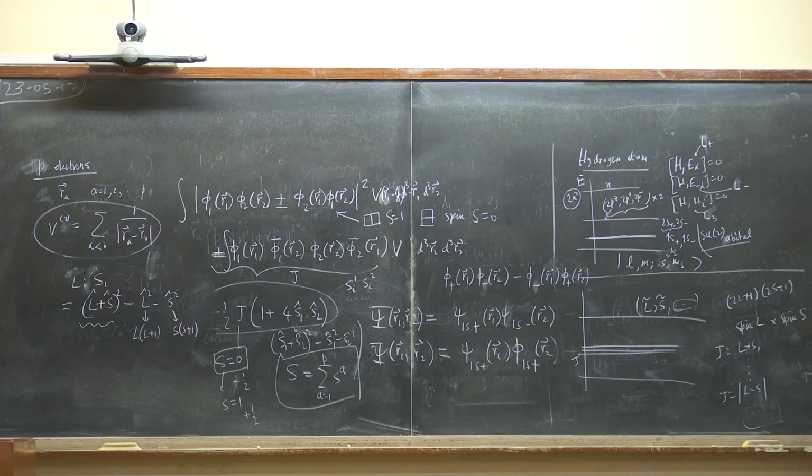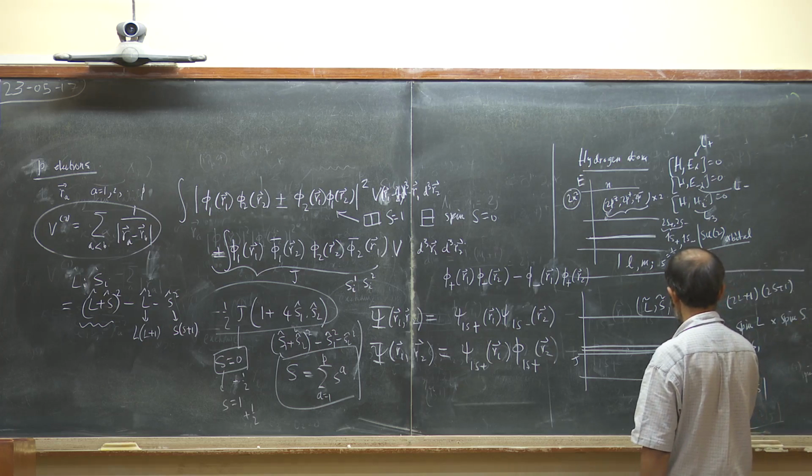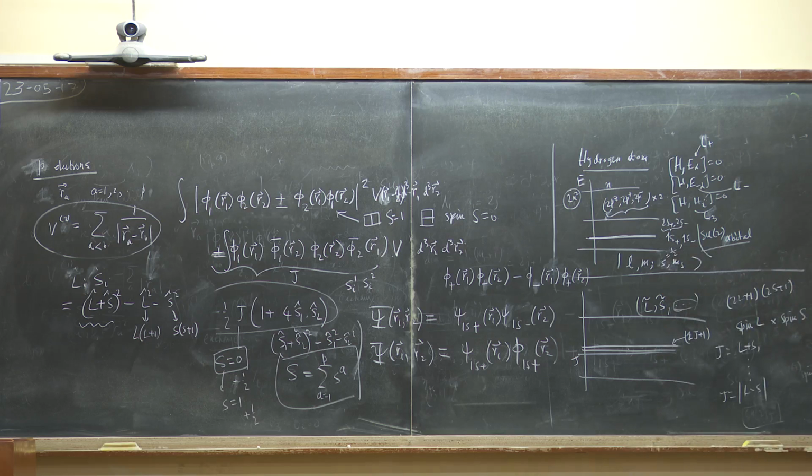All these J values are possible, and corresponding to each of these J values you have a 2J plus 1 representation. So this is the final story, 2J plus 1 representations.